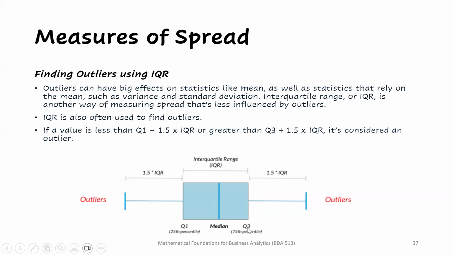In this case, you don't deduct. So for the minimum, we deduct from the Q1. For the maximum, we add to the Q3. Now we get the full gamut of the data set. From the minimum to the maximum is your range. Anything beyond the range, either minimum or maximum, is an outlier. So that's how we get our outliers.